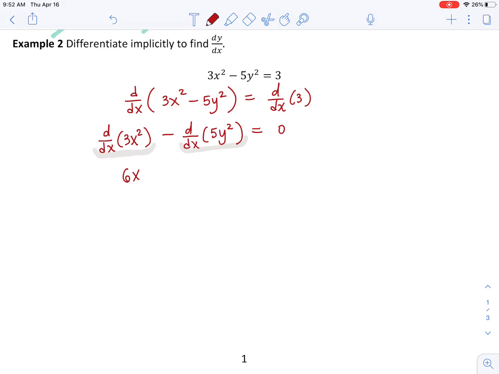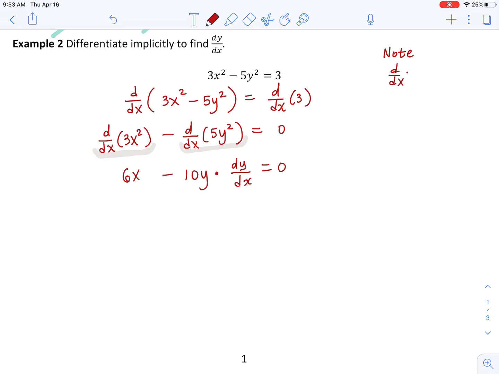If you take the derivative of this term, 5y squared with respect to x, it's not just going to be 10y, okay? It's going to be 10y times derivative of y, which is what? dy/dx. And that equals 0.